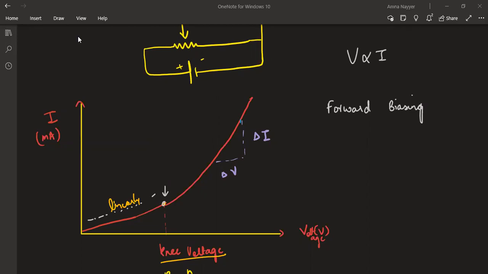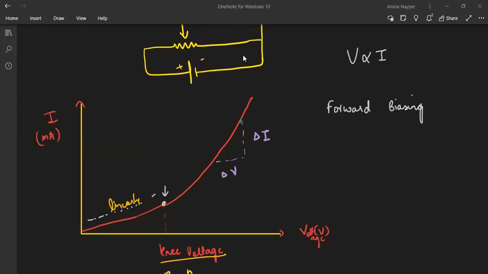Unless and until 0.2 volt is reached for a germanium diode, the current will not increase much. Before that, let's say 0.1 volt, 0.19 volt, or 0.06 volt, the current will be increasing so slowly that you'll not be able to notice it.